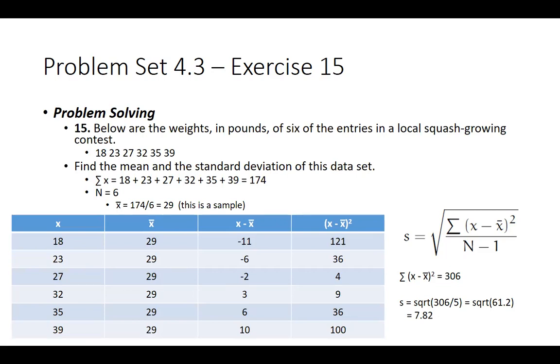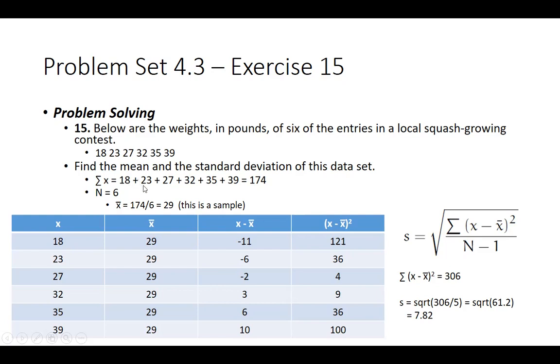The weights we're given are 18, 23, 27, 32, 35, and 39. So we make an X column with rows for each of those entries. We need to find the mean for the mean column, add them up, and divide by how many we have.